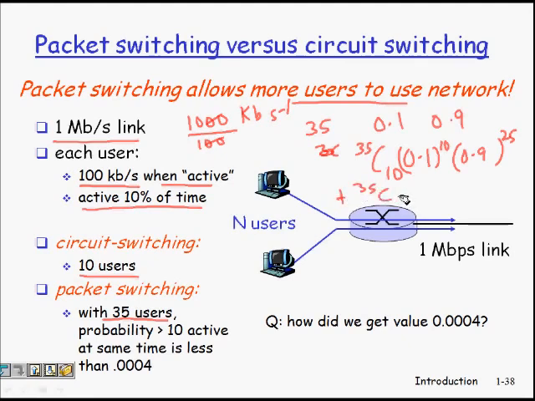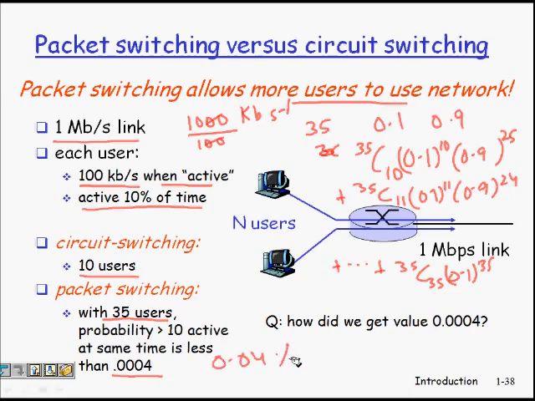If there are 11 active users, it is 35 choose 11, times 0.1 to the power of 11, times 0.9 to the power of 24, and you go on till 35, where all the users are active, so 0.1 to the power of 35. If you sum this up, it comes out to be 0.0004, which is 0.04%, the probability that more than 10 users will be active.